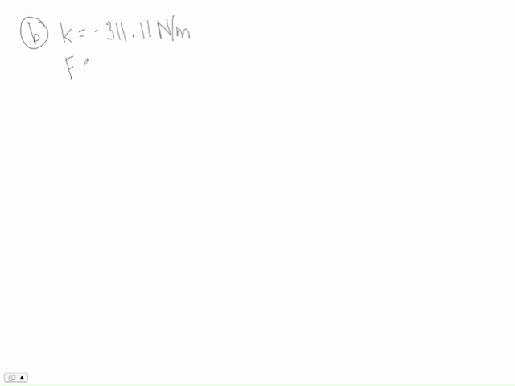Our force was 56 newtons. And our distance was 0.18 meters. And our potential energy formula is 1/2 kx squared.